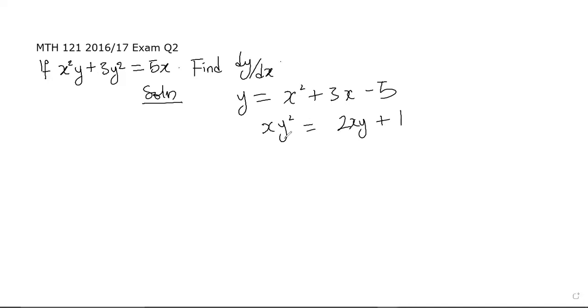This is an implicit function because y doesn't stand alone. The dependent variable doesn't stand explicitly on its own, it's inside. So this is an implicit function. Let's see how we're going to find dy/dx of this implicit function. Let me clean this.